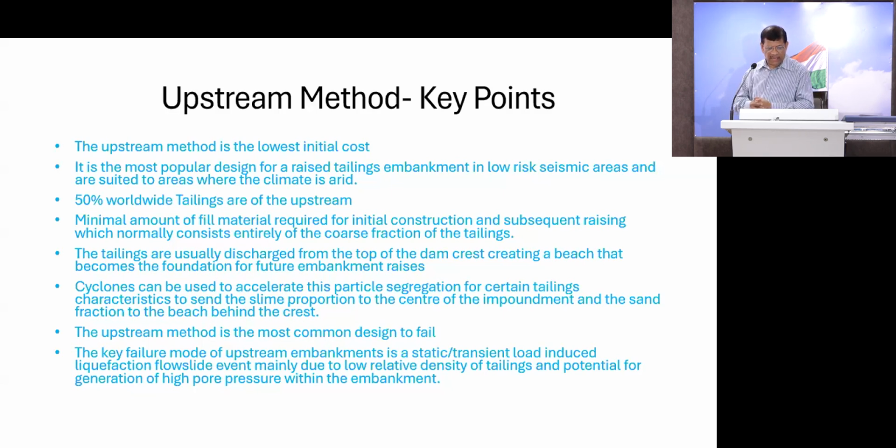Again, these tailings are mostly, like I said, brought in, and from the crest we put all the slurry material there, and then the cyclone is used to separate fine and coarse. In technical terms they call it underflow and overflow. Underflow is the sand, overflow is the fines.